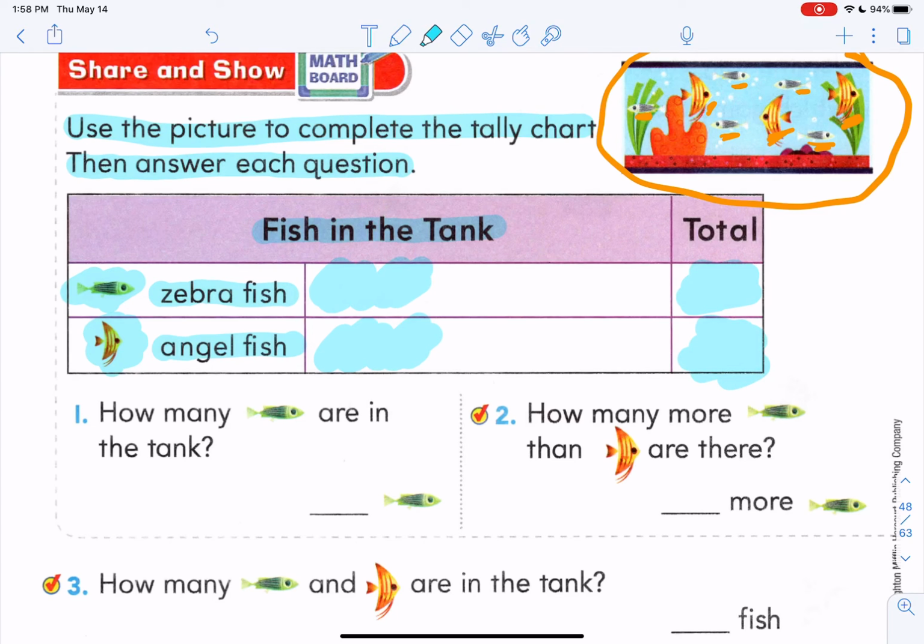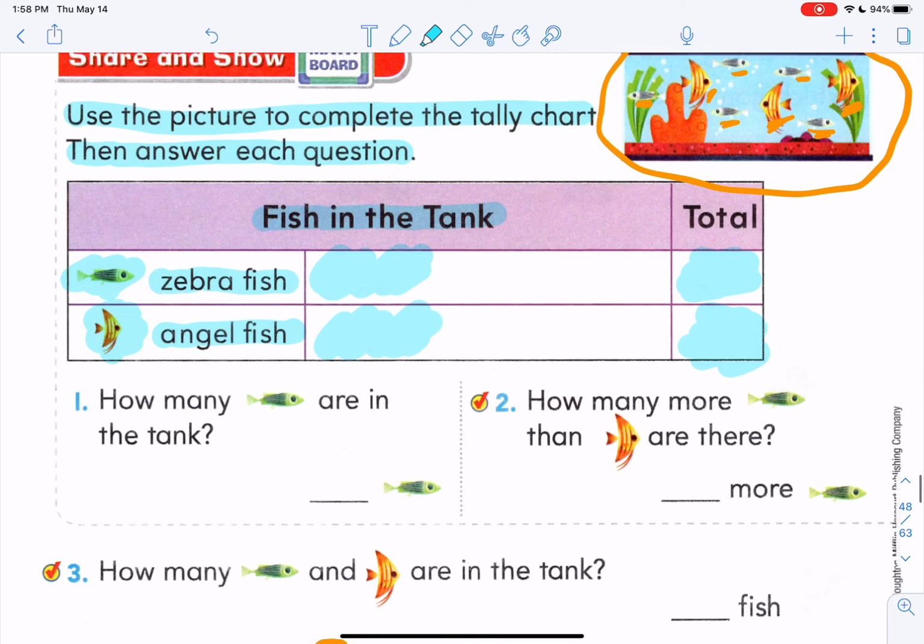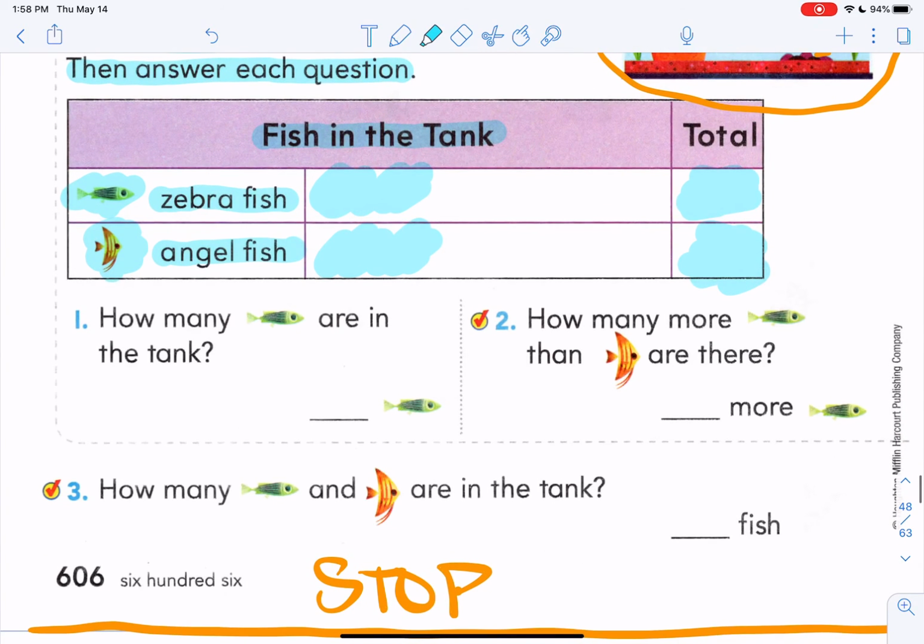Now, let me help you with the questions. There's not many today. Question number 1 says, how many zebrafish are in the tank? Not hard. Look at your chart. Question 2, how many more zebrafish than angelfish?